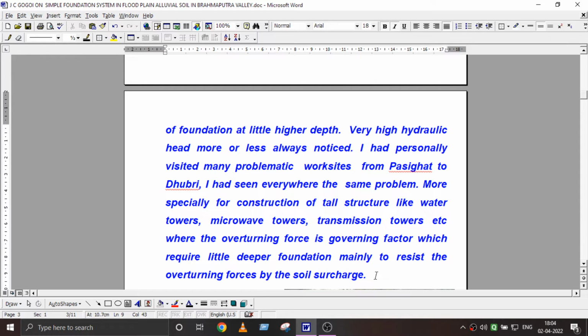So definitely to balance this we have to adopt soil surcharge. We must consider soil surcharge, otherwise it will be very highly costly since we cannot go for huge concrete underground.